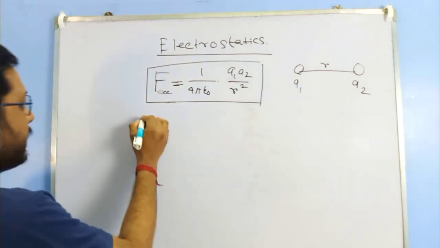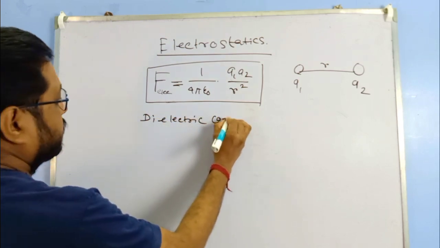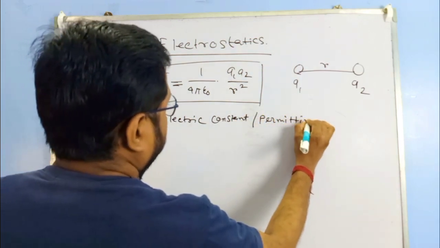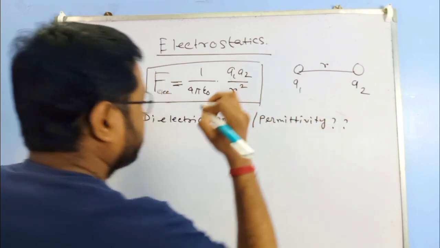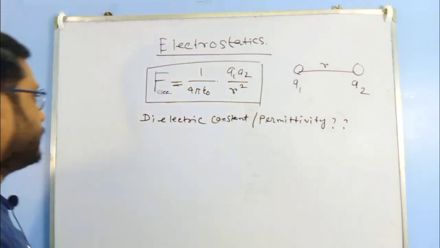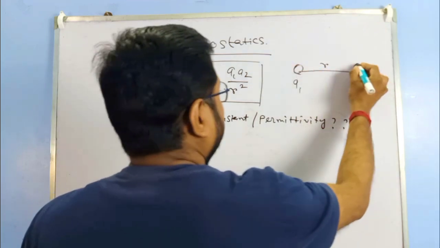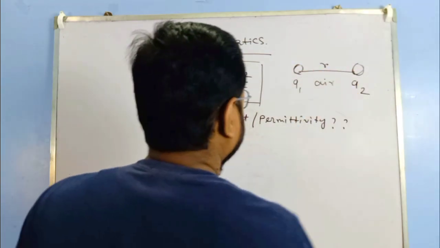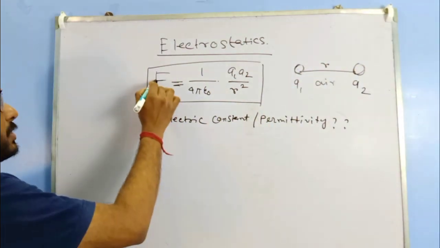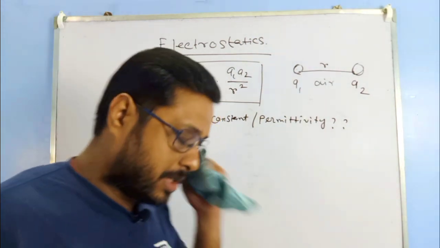Now what is the dielectric constant or permittivity? What is the significance of it? So what is the permittivity or dielectric constant? If we put Q1 and Q2 in air and the distance of separation between them is r, then the force exerted on each charged particle will be 1 by 4 pi epsilon naught, Q1 Q2 by r square.